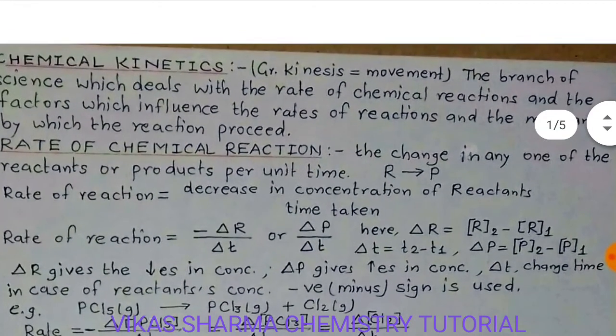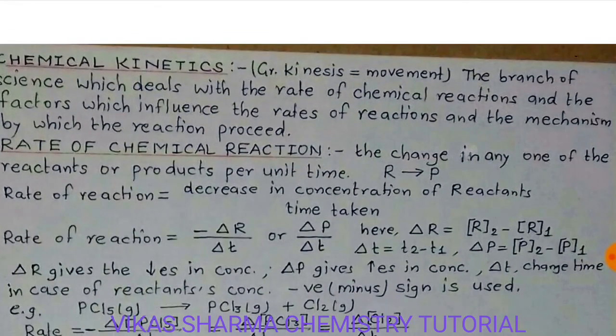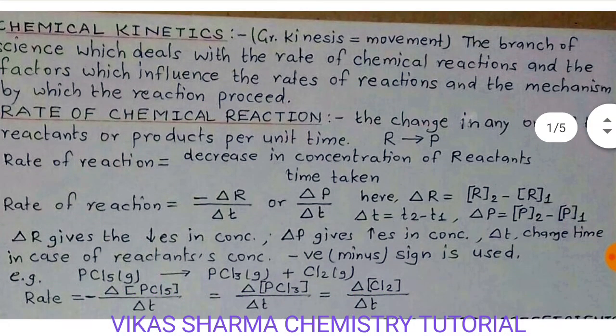So the rate of reaction is equal to the decrease in concentration of a reactant, or the increase in concentration of a product, but the rate of reaction is always taken in terms of the reactant, and the reactant concentration always decreases. So, student, the rate of reaction is equal to minus delta R.